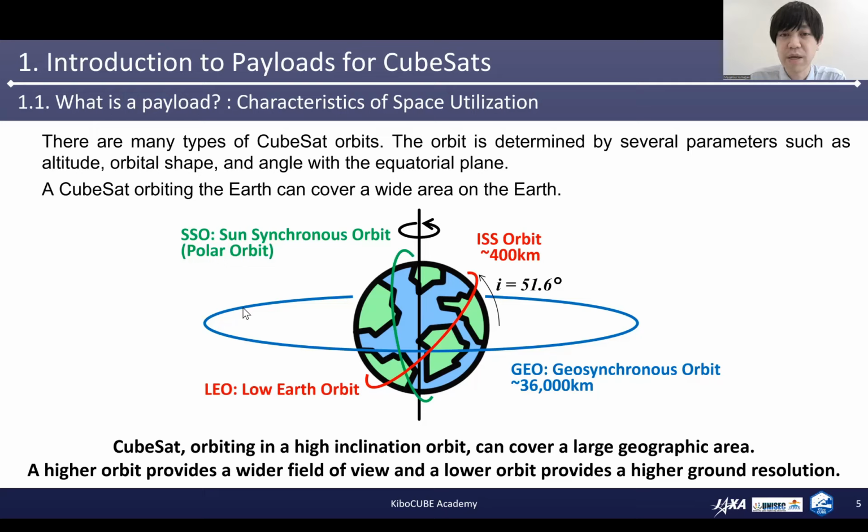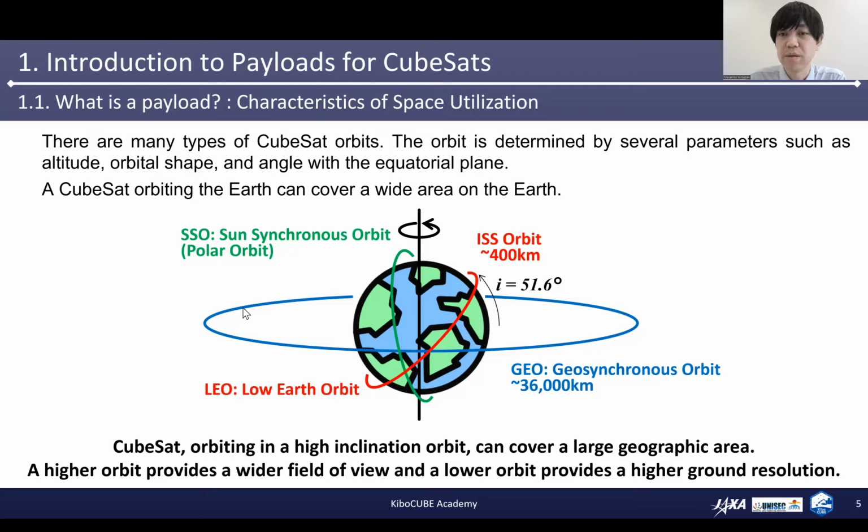The green one is the sun-synchronous orbit, also known as SSO. An SSO is a kind of polar orbit and flies over the North and South Pole regions. Together with the effect of the Earth's rotation, satellites in SSO have a chance to fly over most of the places on the Earth.